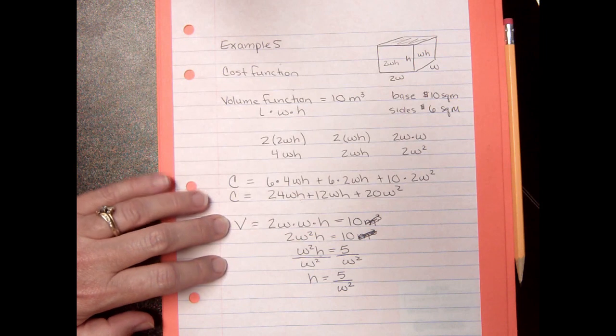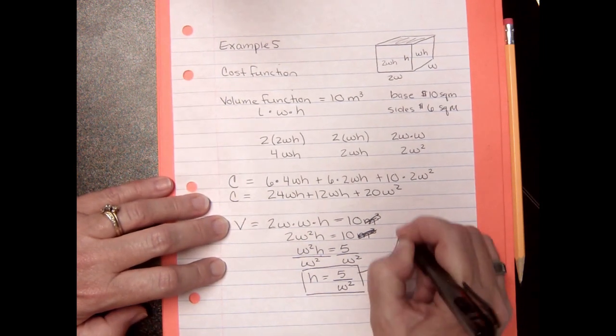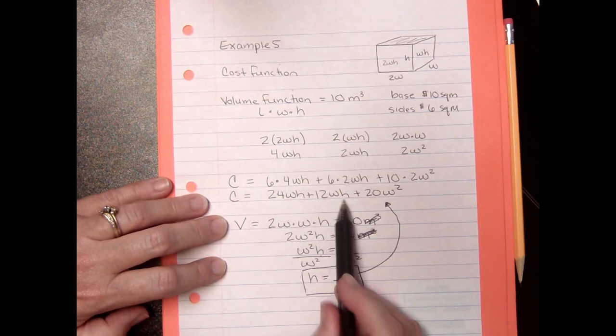Now how that helps is I'm going to go back to my cost function, and wherever I see an H, I'm going to put that in.